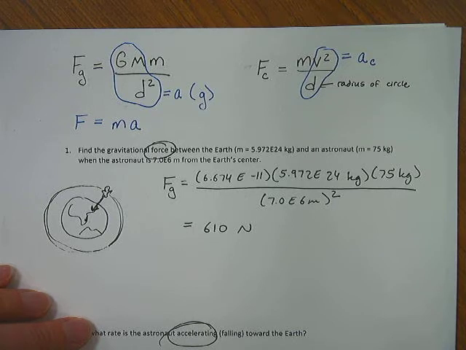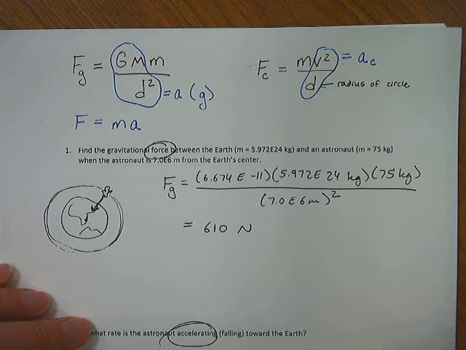I don't ever put the units here because they're messy. There should be units. Here's the mass of the Earth. I'm not going to put the mass of the person, only the mass of the Earth. The mass of the person is irrelevant.